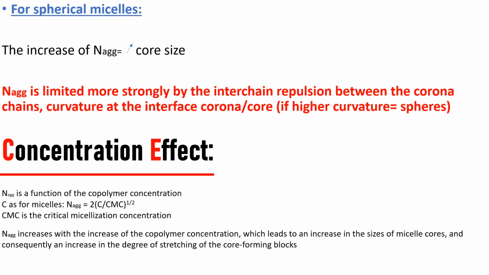Regarding the concentration effect, the aggregation number is a function of the copolymer concentration, as described in this equation. When the aggregation number increases, the core size increases. It means when the concentration increases, the core size increases as well.